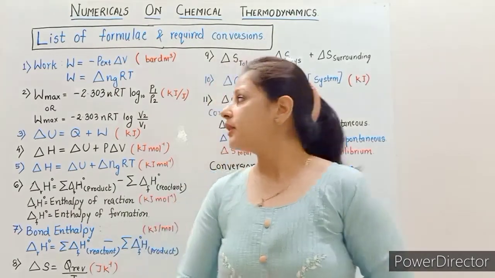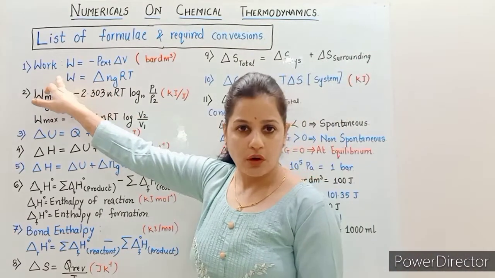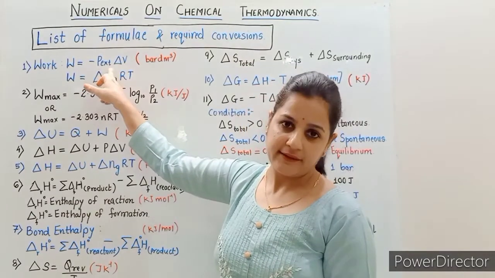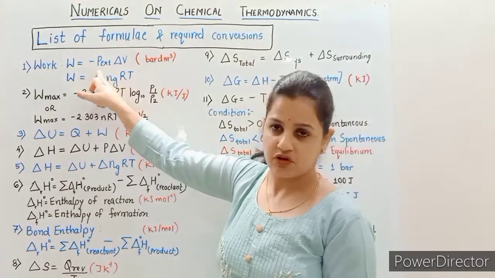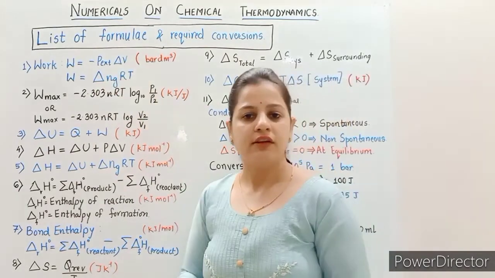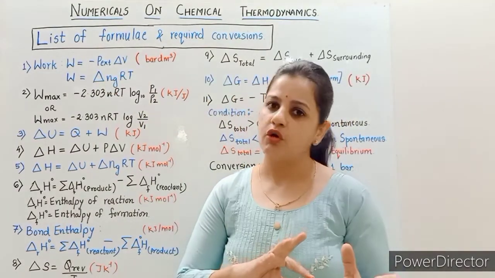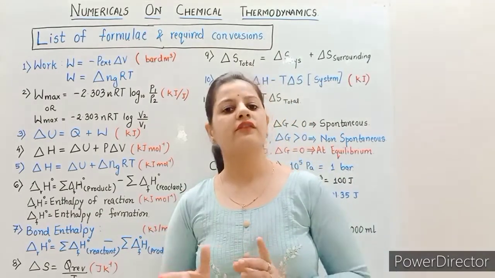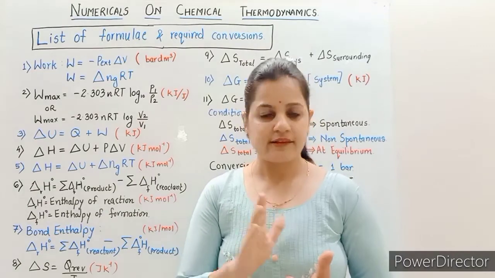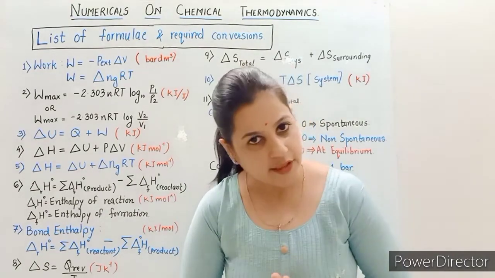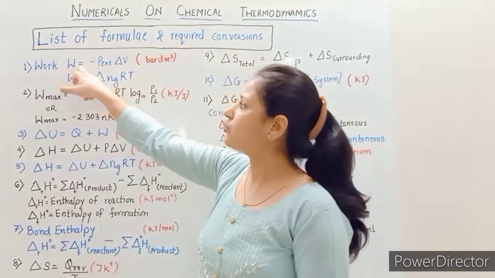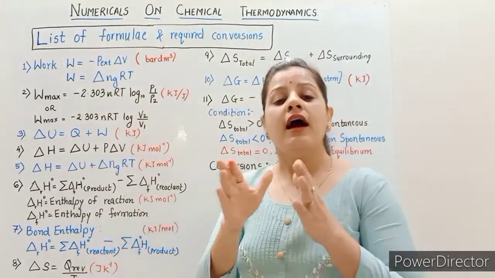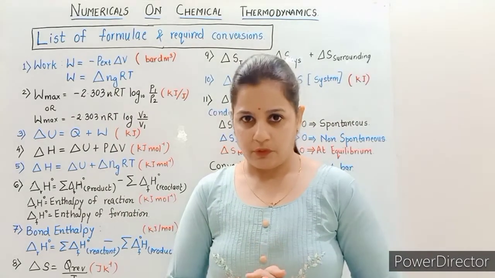First we have seen the work done, which is given as W = -P_ext ΔV. And ΔV is nothing but the final volume minus the initial volume, so mostly it will be V2 - V1, where V2 is the volume in the final state and V1 is the volume in the initial state. Therefore, W = -P_ext ΔV. This we have seen for work done in an irreversible process.